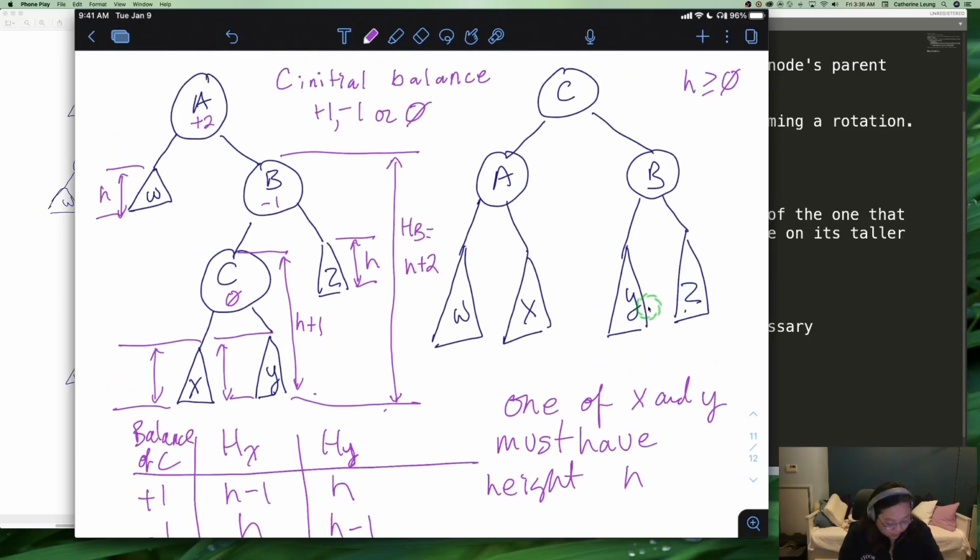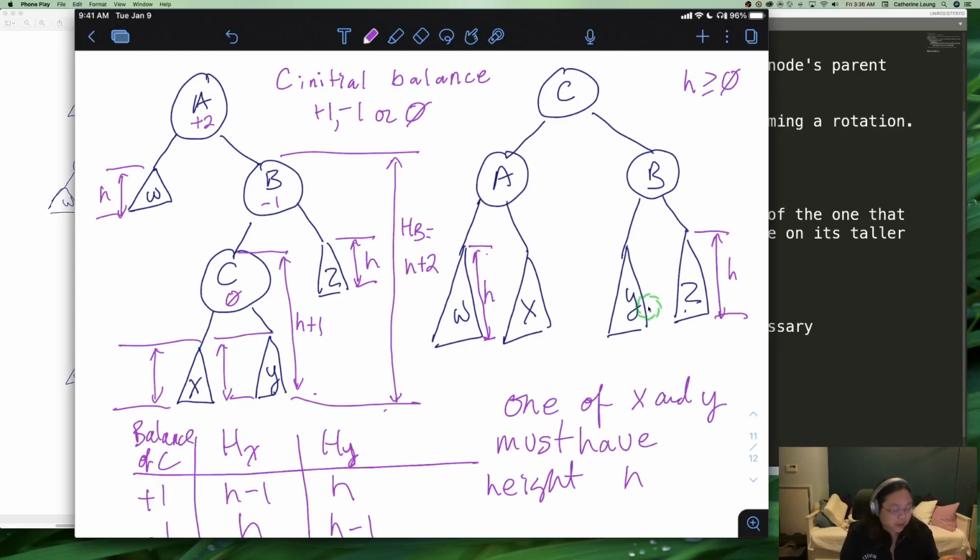Okay, so now that we have that, let's take a look at what we have when we're finished. How tall are each of the trees? Remember that the heights of the trees do not change after the rotation. So W has a height of h before, it has a height of h after. Z has a height of h before, it also has a height of h after. The only question is, what about X and Y? What we do know is that X and Y is either h or h minus 1.